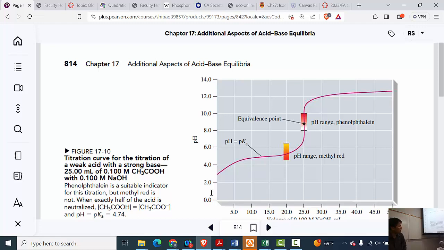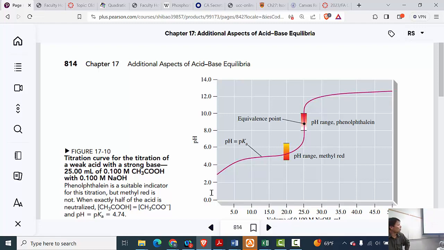But we could have other points along here that we need to know the pH of. For example, we might not be at the half equivalence point. There are other points that we could be at. We could be at the 1/4 equivalence point. So half equivalence point occurs at 12.5. The 1/4 equivalence point occurs at 6.25 milliliters.